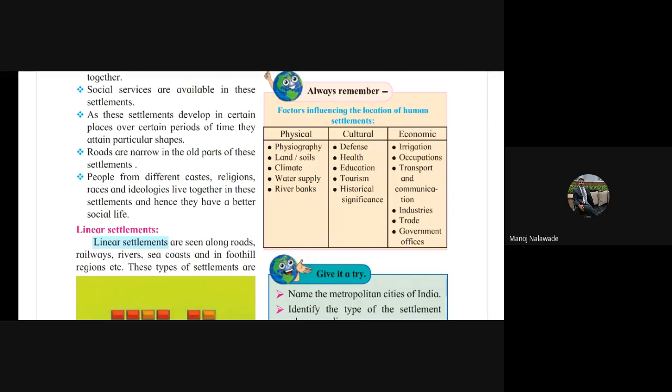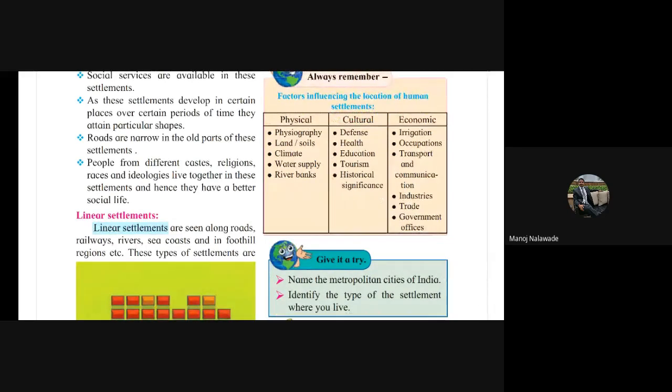And the next one is the economic factor: irrigation, occupations. People will settle where the irrigation facility is good, because irrigation is very important for farming. Occupations: if there is a city, for example an industrial area, people will settle there because they will get jobs there.